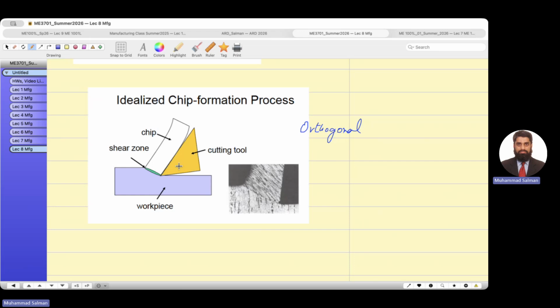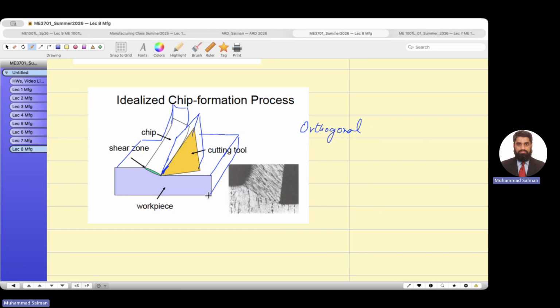It doesn't look like it. If I draw a 3D picture, look over here. The chip is coming out. Okay? Make sure you understand this. This is the tool. Suppose this is very large.